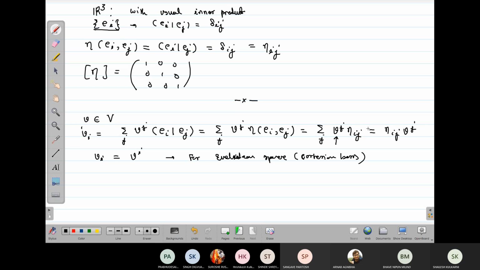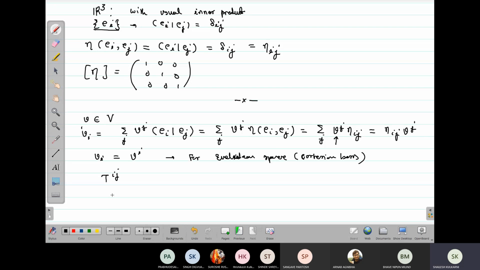Okay, fine. You can do the same thing for any tensor now, right? Suppose you consider a contravariant tensor of rank 2, T ij. You can lower this index.